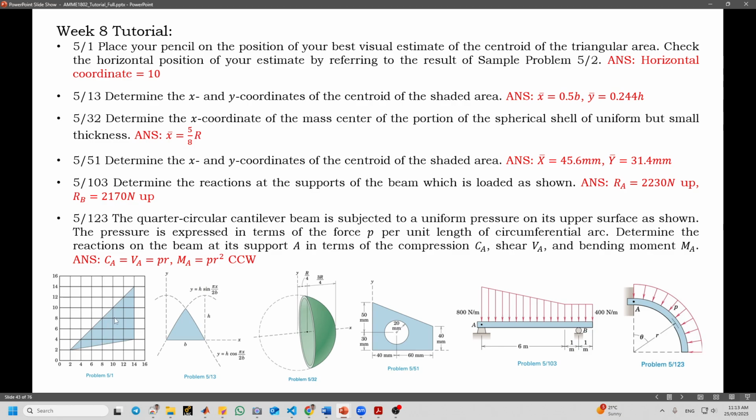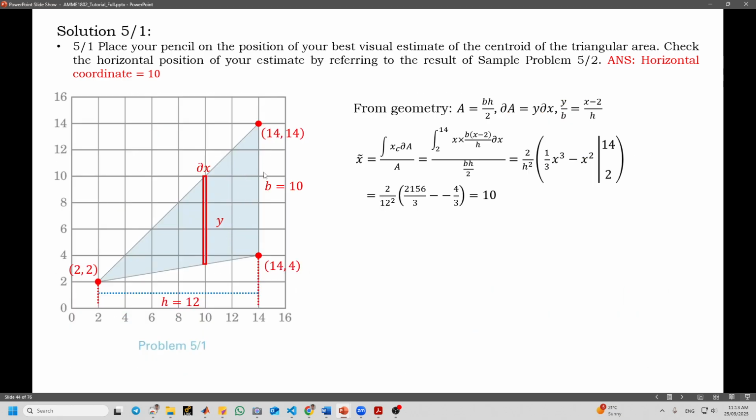We have a triangle. It looks like the question in one of the exam. So the coordinates of each point, one of them is 2, 2, and the other one is, the x coordinate is 14, y coordinate 14, and 14, 4. So we will draw an element.